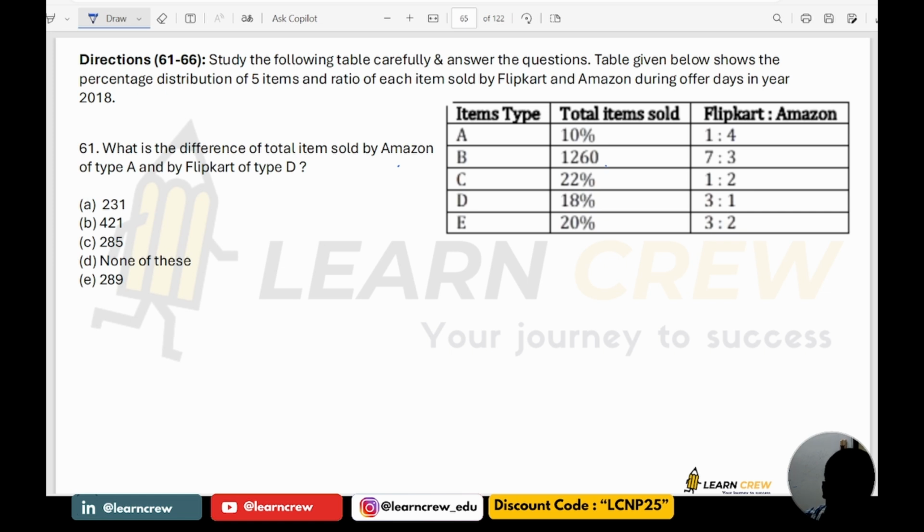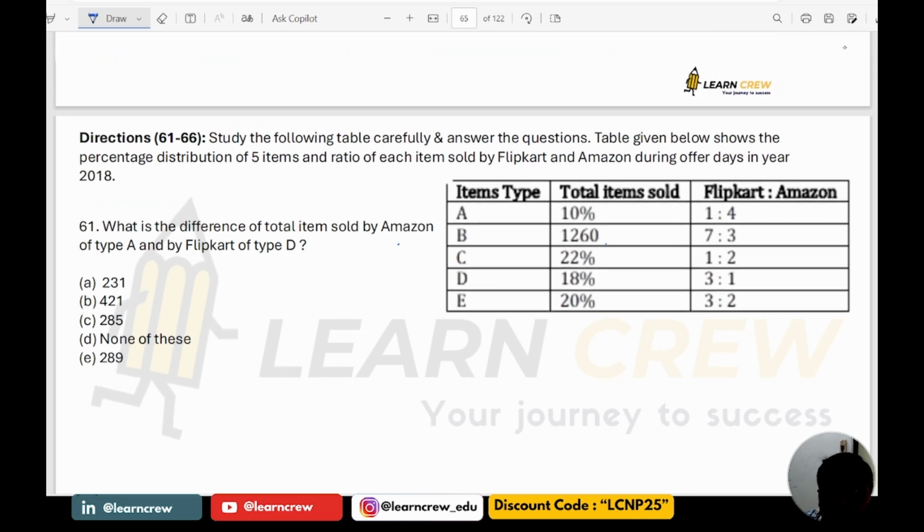Total items sold is how much given here of all type. Total items sold by type A of Amazon is how much actually? Amazon is 4 by 5. 4/5 of. So here, is there anything else given? Nothing else is given. So if you see here, total is 100% now.